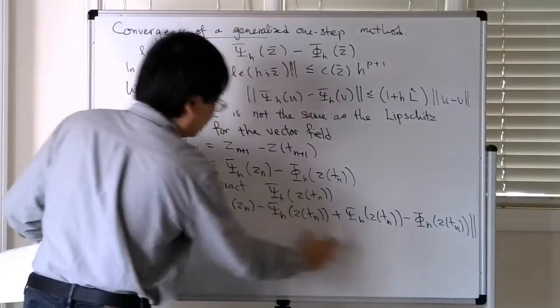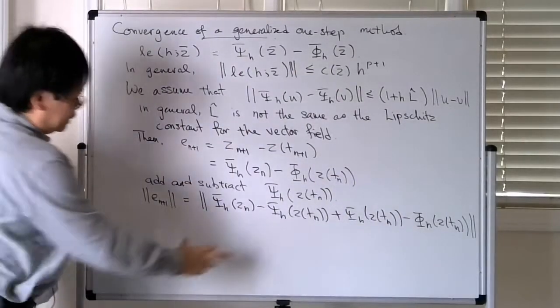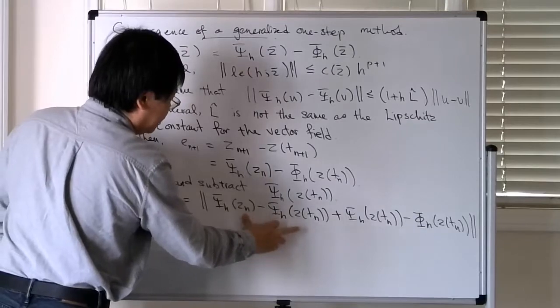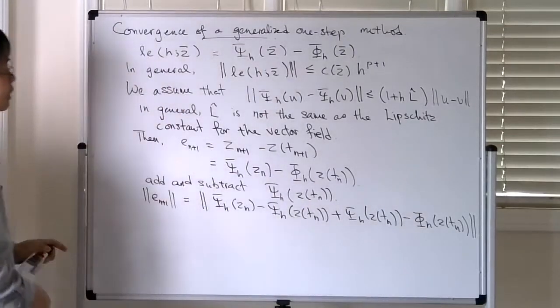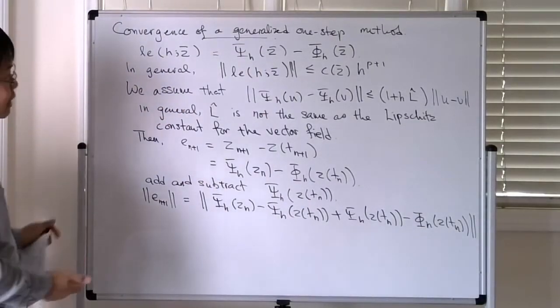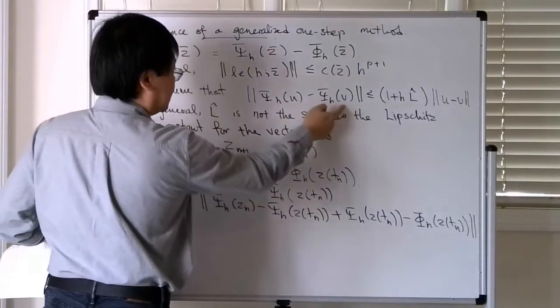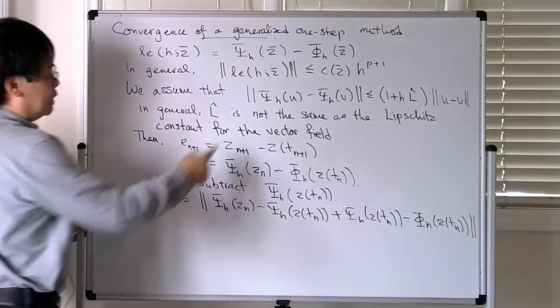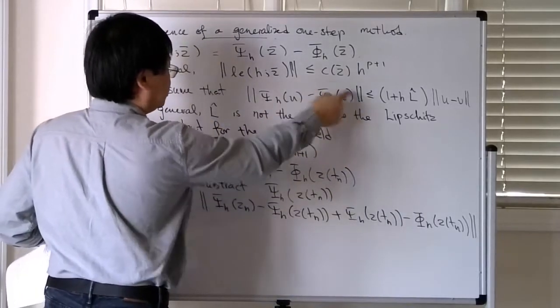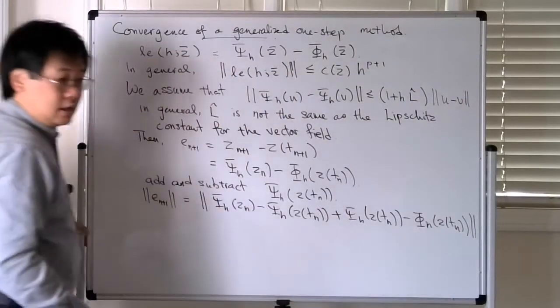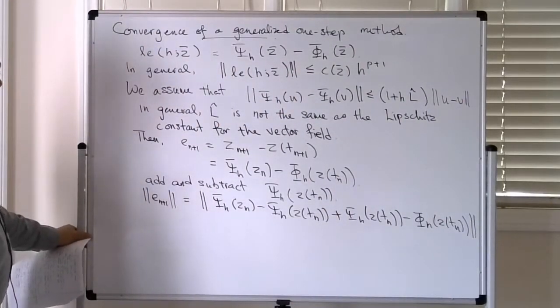Okay. So now you have two pairs of terms, if you will. You have this pair and this pair. And if you look at this pair, now the numerical flow maps are the same, and the only difference is in the initial data. And what that should evoke in you immediately is this estimate here, which says that the numerical method applied to different initial data satisfies this kind of Lipschitz continuity condition.